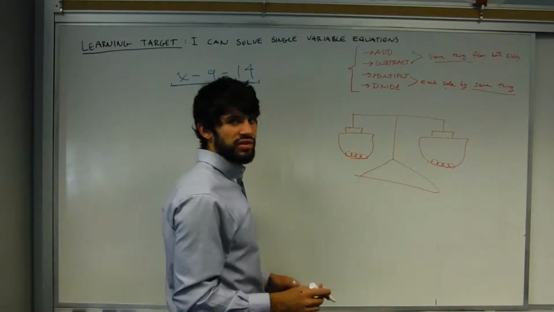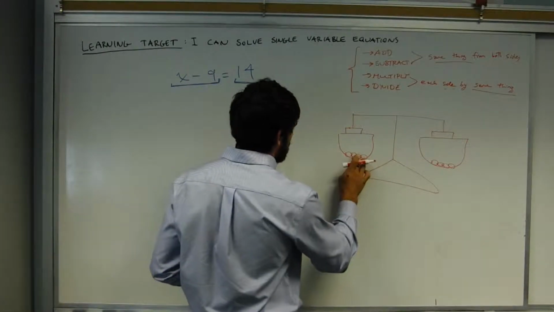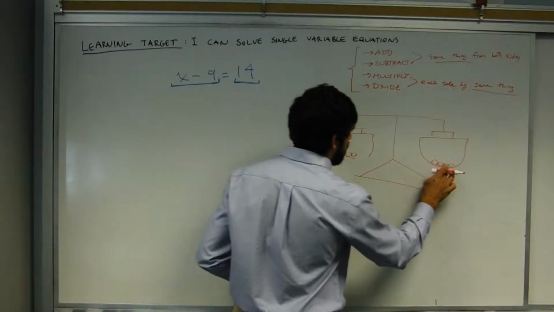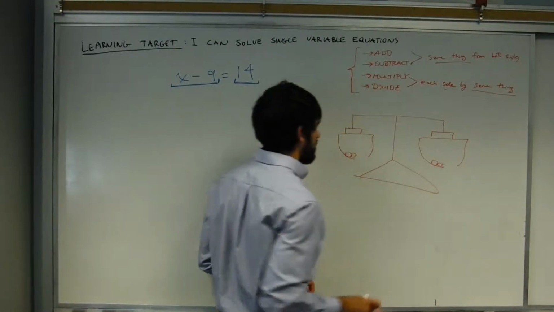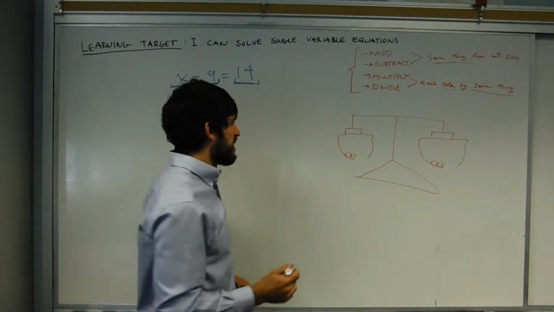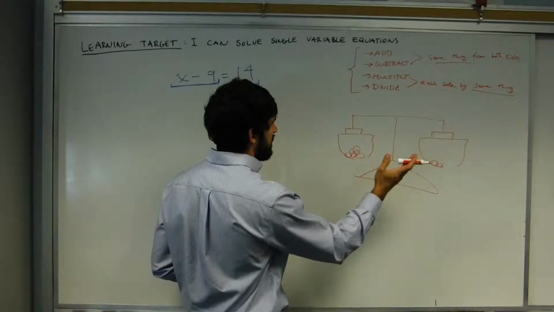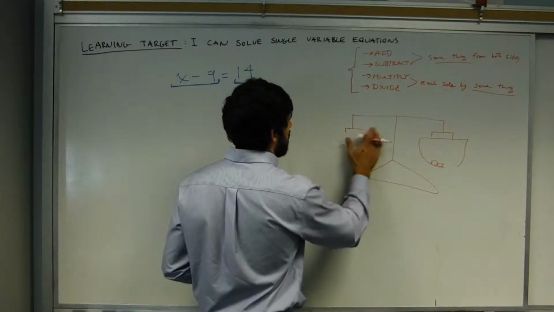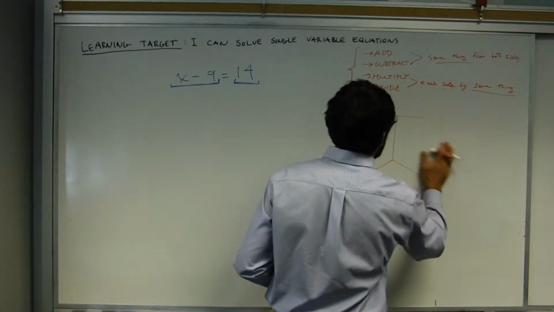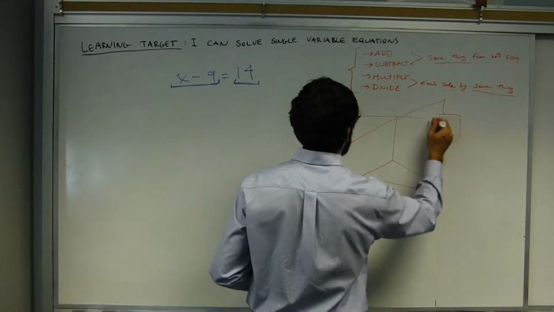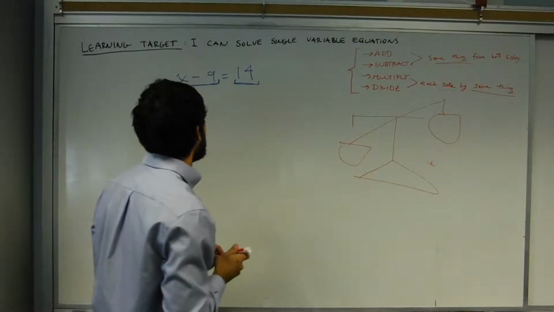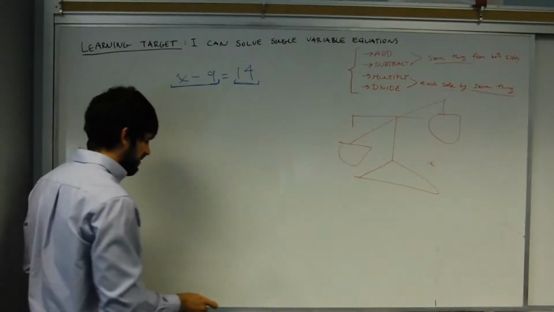If we want the scale to remain balanced, we would have to subtract the same thing from both sides. So there, I subtracted 2 from each side. If, say, I just add 5 things to this side and nothing to that side, our scale is going to look like this. So essentially, we want to keep our equation balanced.